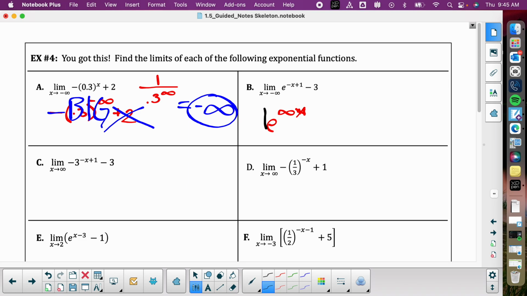Big. That's all you're trying to figure out. Whenever you're working with infinity, the answer is generally going to be infinity or 0. That's why I'm saying big and small in my head. Minus 3. Nothing. That doesn't do anything at all.